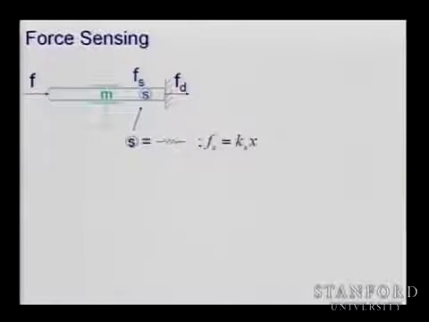So if you have a sensor, then your sensor is going to give you this sensed force, which is the displacement of the sensor. A sensor is essentially a stiffness that you're deforming. It's very stiff, but the delta x is very tiny.